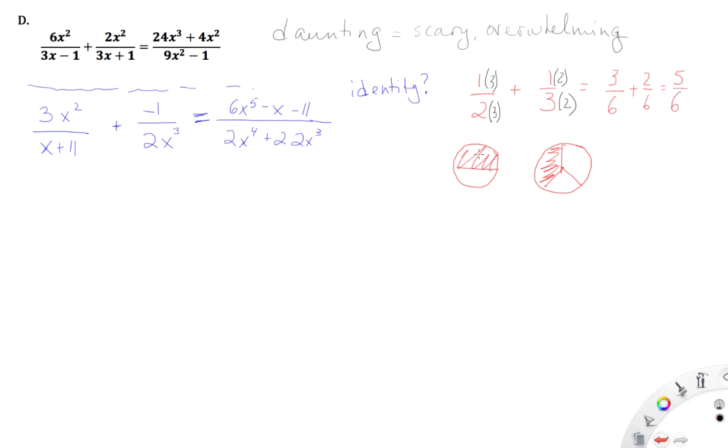Pretty much I took this pizza and I cut it in 6 pieces, and I took this pizza and I cut it in 6 pieces, and now I have 1, 2, 3, 4, 5 pieces out of a pizza that's cut in 6 pieces. And guess what? This is cut in 6 and this is also cut in 6. Those pieces are actually equal size. I drew them a little bit ugly.